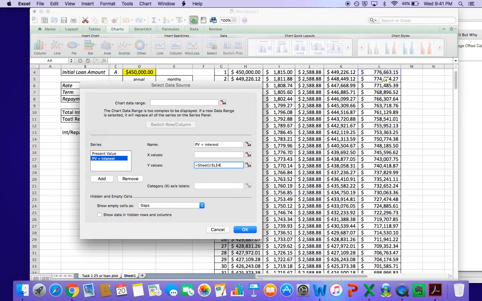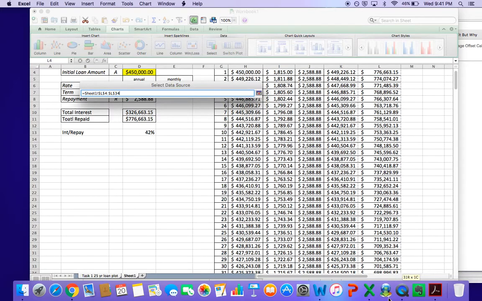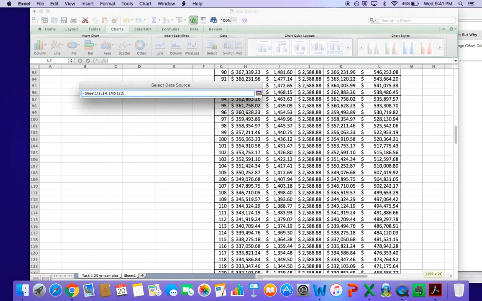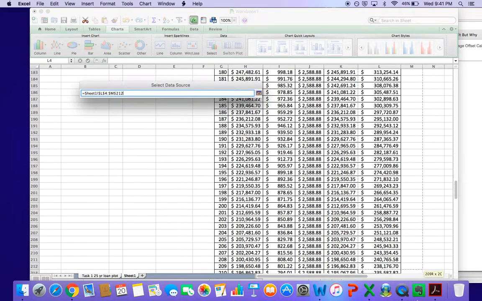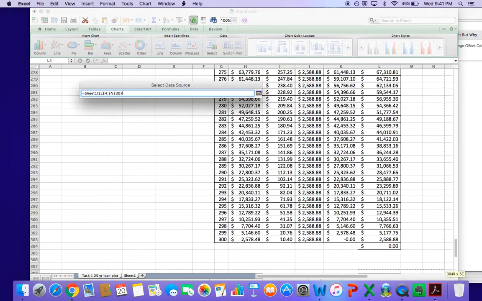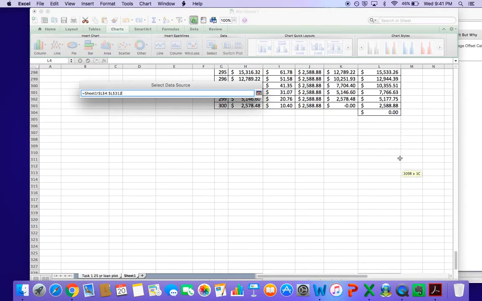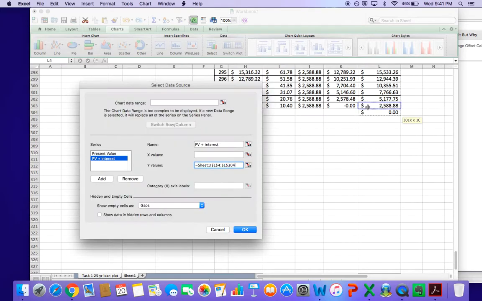It won't let me do Command Shift down, so I'm just going to highlight it like this. Now it's important, because we're doing it for 300 months, we don't go all the way to 0, we just go to there. Did I go to 0? I did, didn't I? So I'm just going to knock that back to 303.